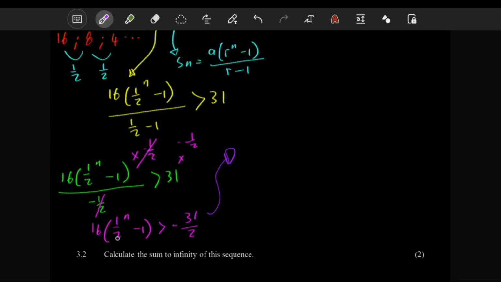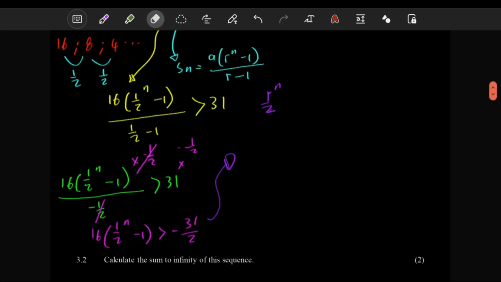So from here we obviously can see we can divide by 16 on both sides. We're going to have a half to the power of n minus 1 on this side.